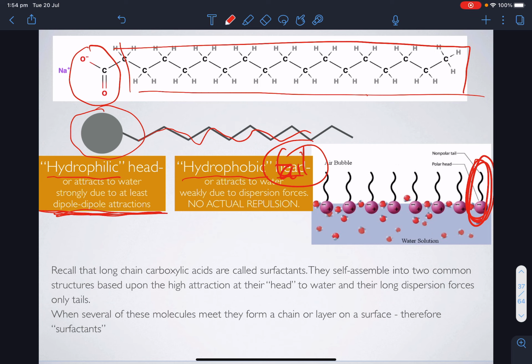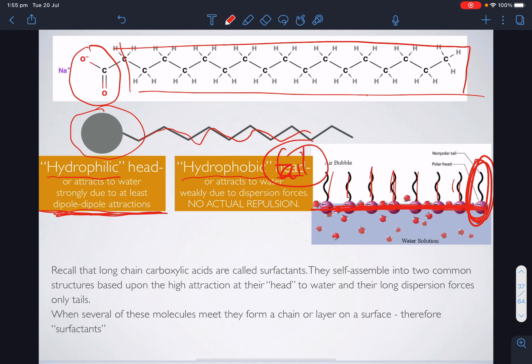So when many of these come together, all the heads line up because they're strongly attracted to each other, and therefore all the tails line up in the same direction too. So they kind of self-assemble into a layer on the surface of the water. In the water is that head that likes to attract water, and it pushes out the tails away from the water.